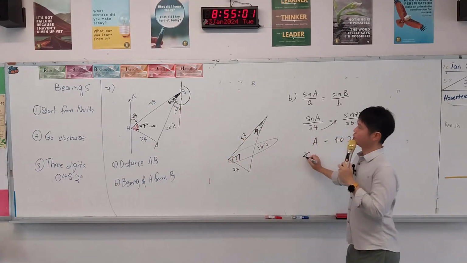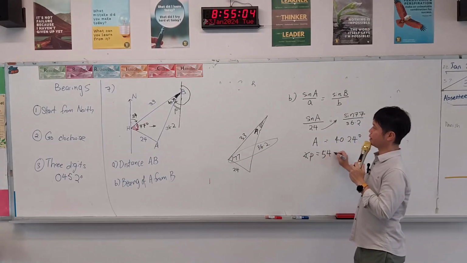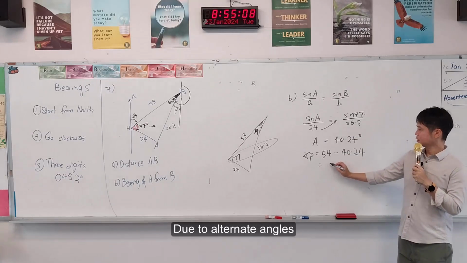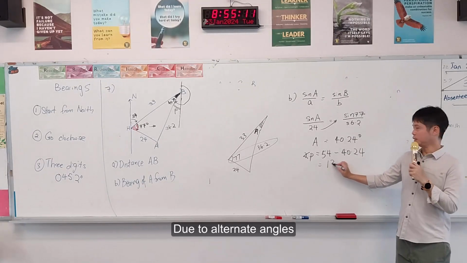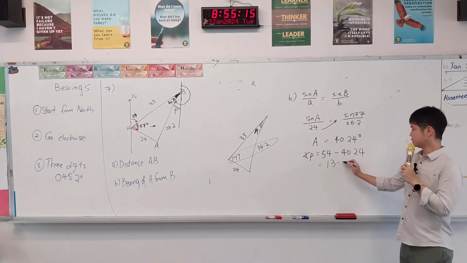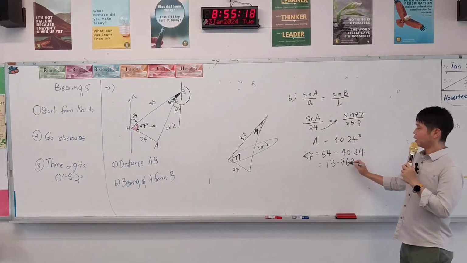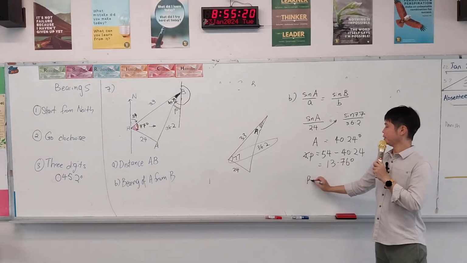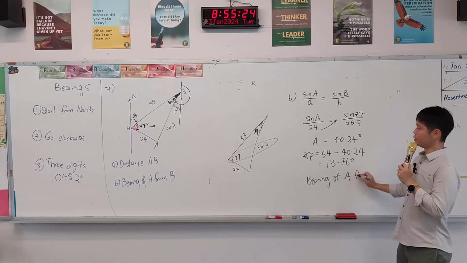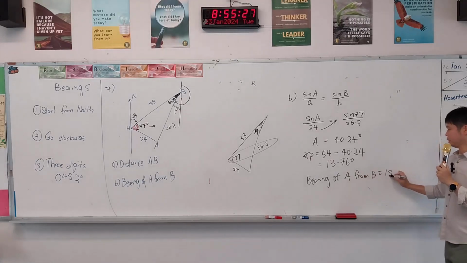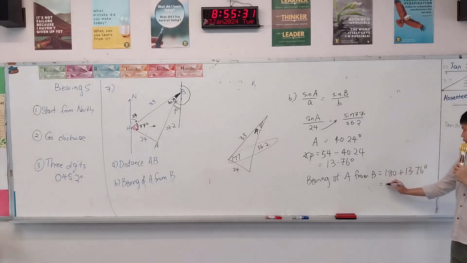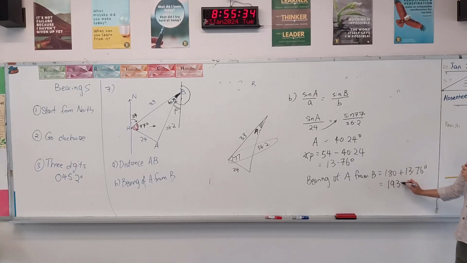Okay, this angle P will be equals to 54 minus 40.24, all right, which is 13.76. Then you plus 180, so the bearings of A from B will be 180 plus 13.76, and the answer is 193.8.